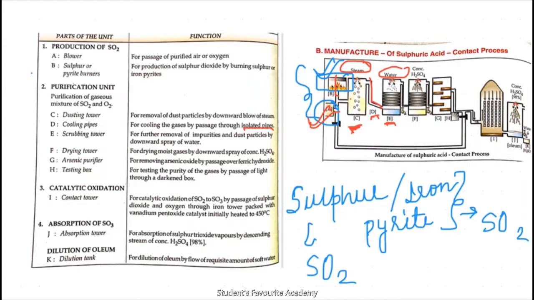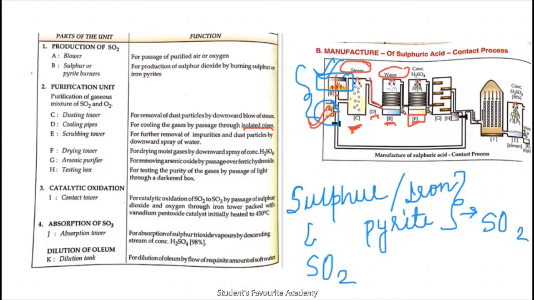Now in F, what is happening, children? This is a drying tower. It means the moist gases which are there, because if we are passing water over this, it is understood that there will be some moisture.